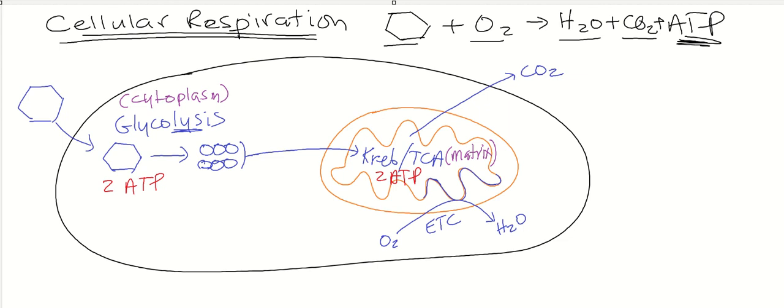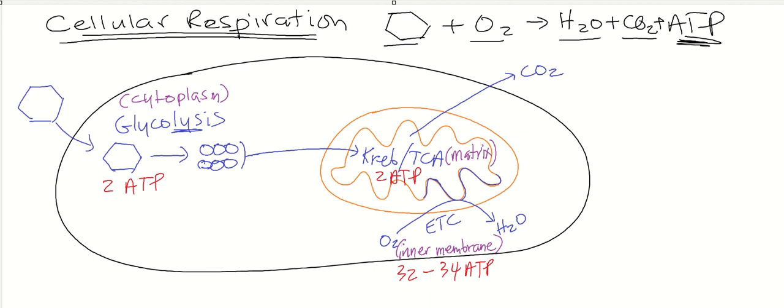That happens on the inner membrane of the mitochondria. And it's this third stage that's going to produce the most ATP, 32 to 34 ATPs for each glucose molecule. So we're still trying to figure this out.